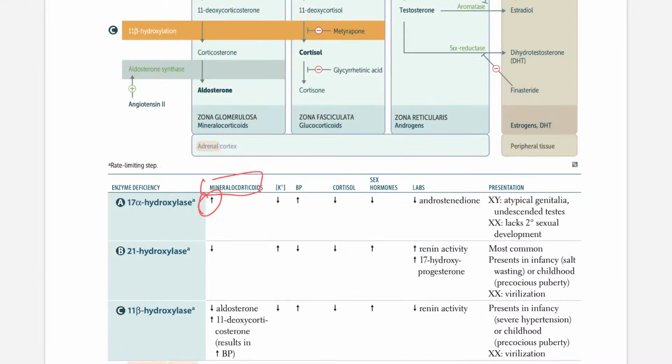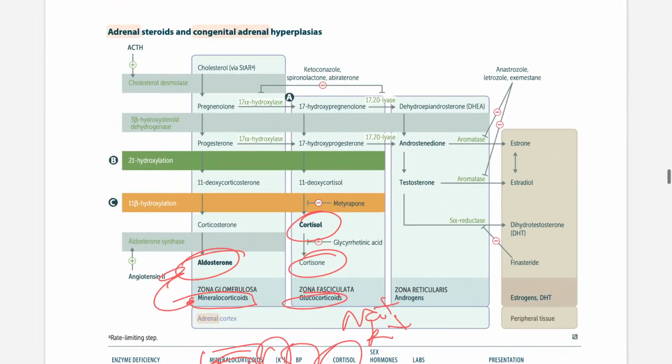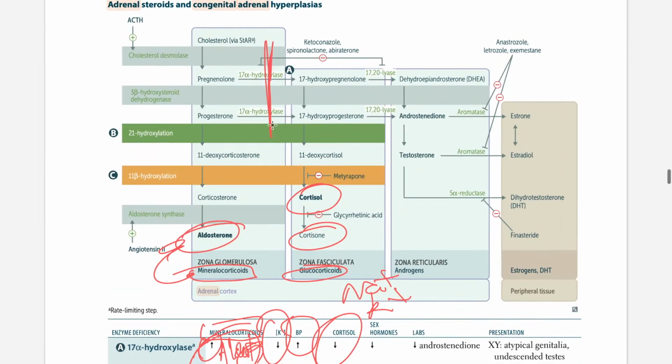Now, this is the old version. You have mineralocorticoid. Mineralocorticoid is aldosterone, okay? And glucocorticoid is cortisol or cortisone. So you have increase in mineralocorticoid, meaning you have increase in aldosterone. And that increase in aldosterone will cause low potassium, because it's going to dump out that potassium, high blood pressure because it's going to reabsorb that sodium, and decrease in cortisol because we are not going on this side.